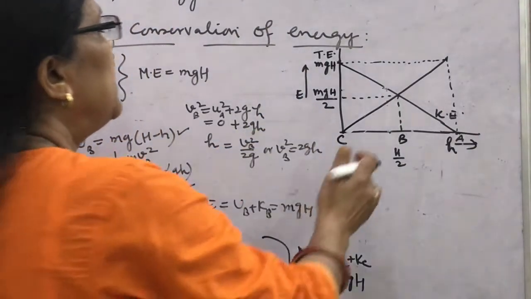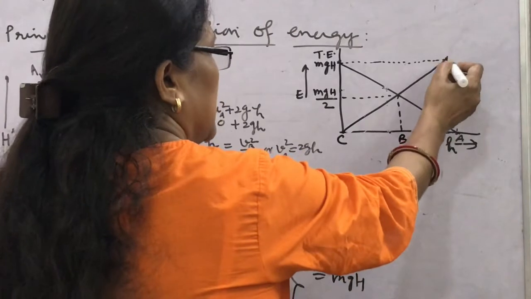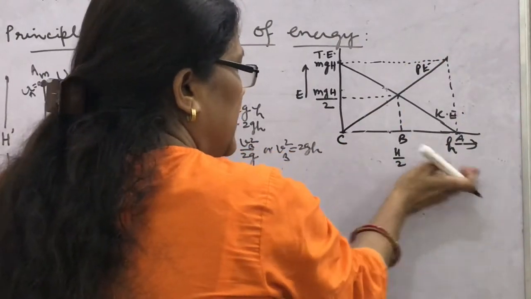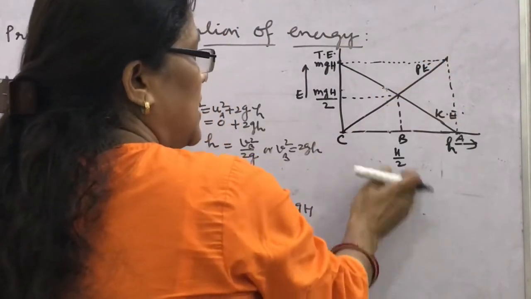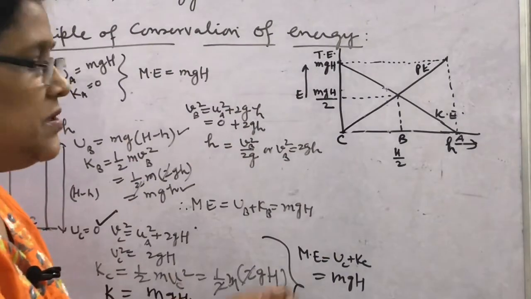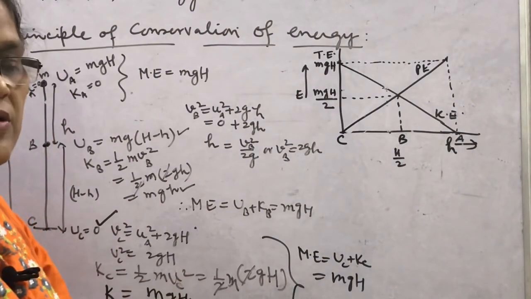So in this way, this graph explains the potential energy graph is this. As height increases, potential energy increases. As height increases, kinetic energy decreases. So in this way, you can learn from this graph.